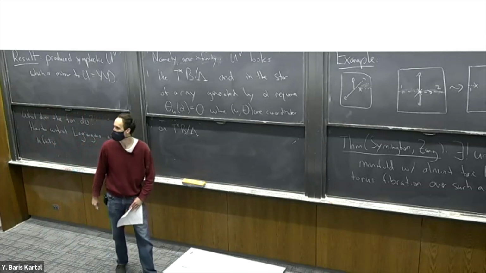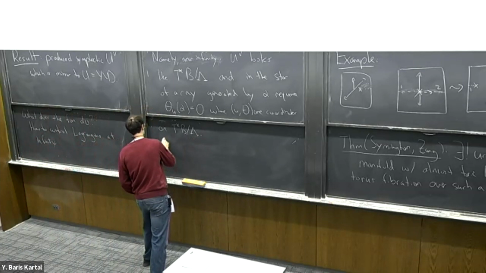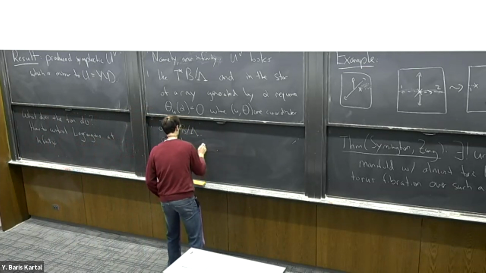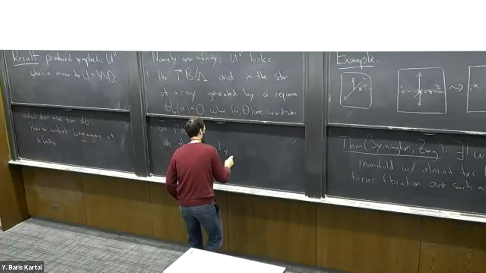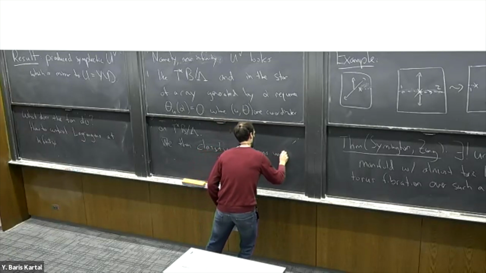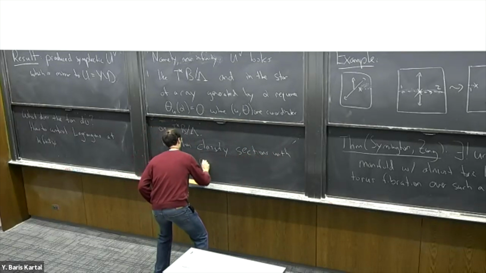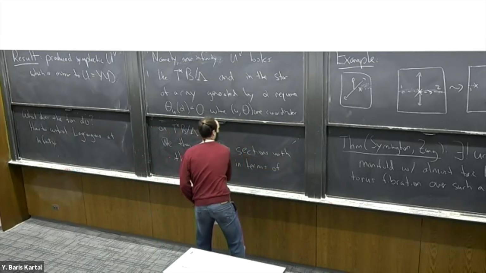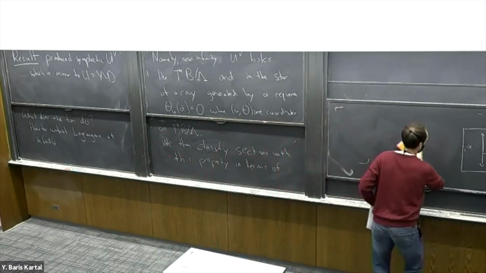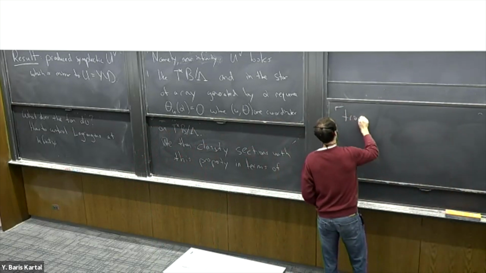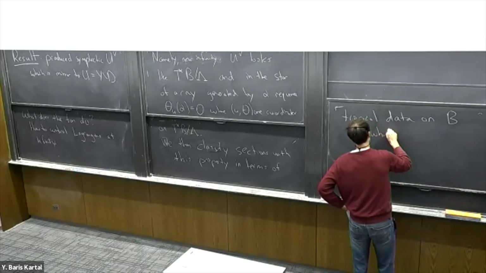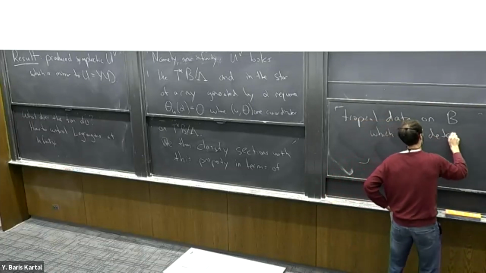Okay, and then very briefly, I'll just say what happens. What our result comes from is to classify sections with this property in terms of tropical data on B, which also determines a line bundle.